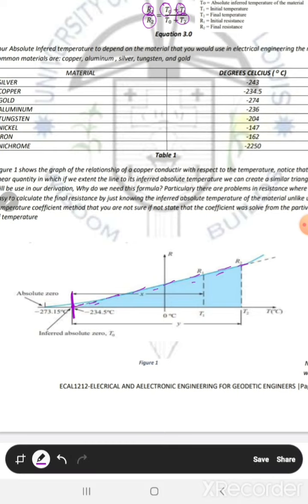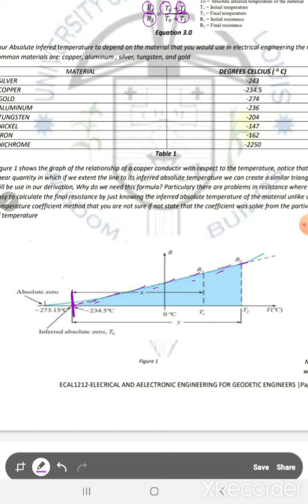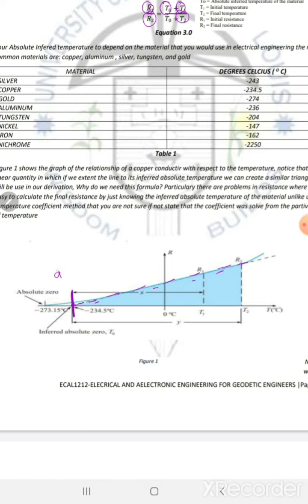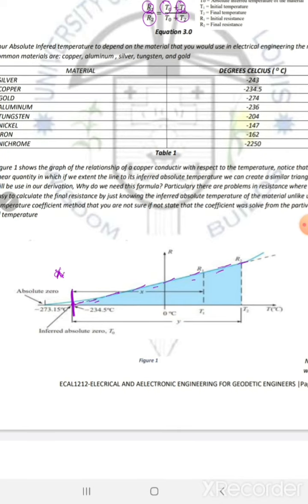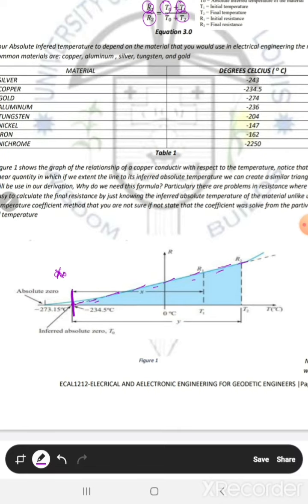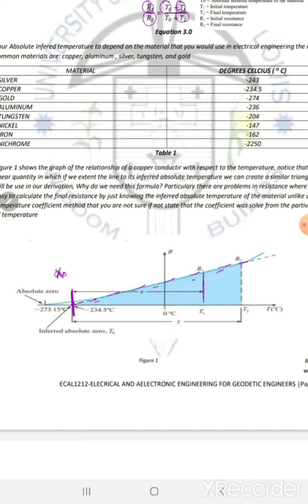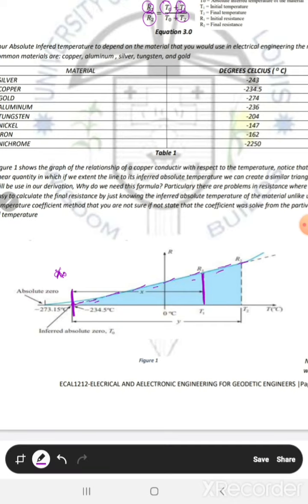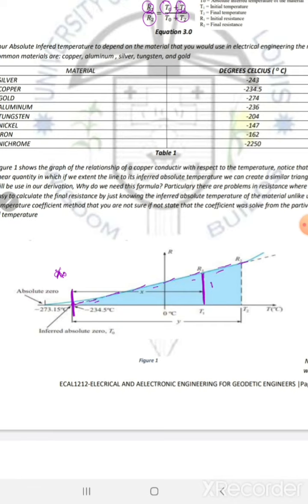We assume that it forms a triangle. Here is the top, let's say A, or your X of 0, and let this be your base or your height. Height 1, base 1.